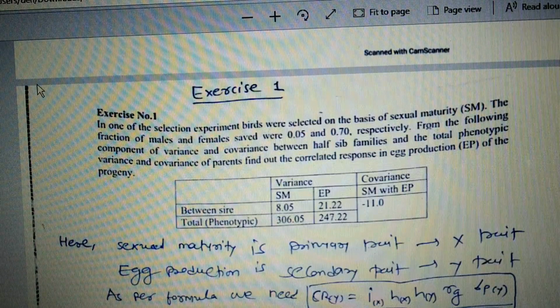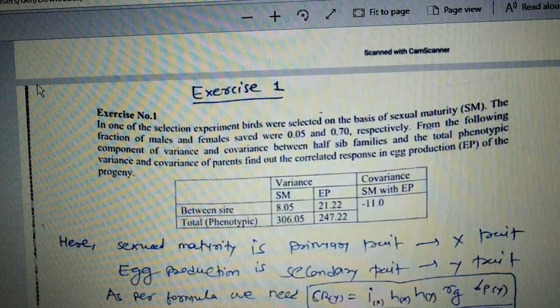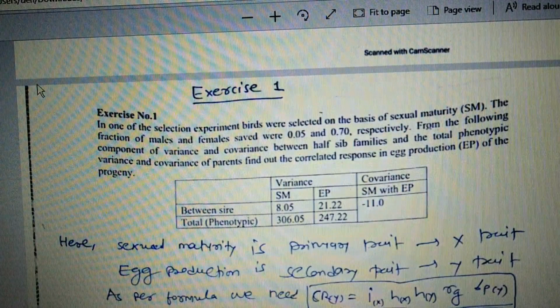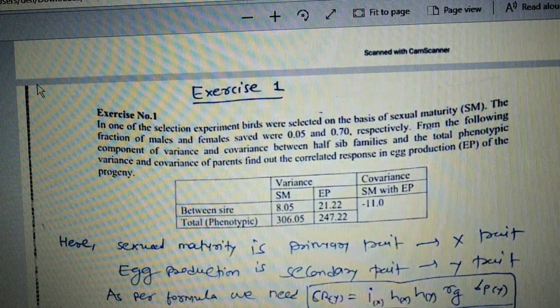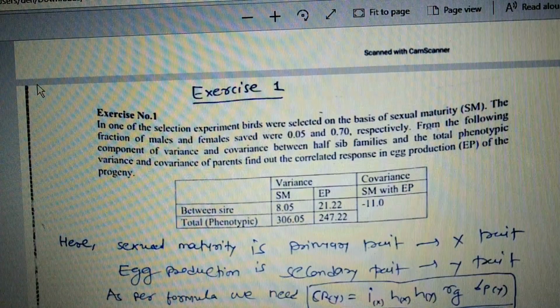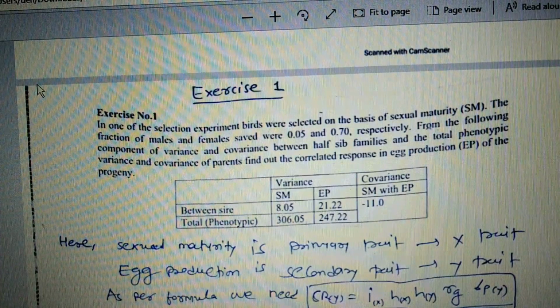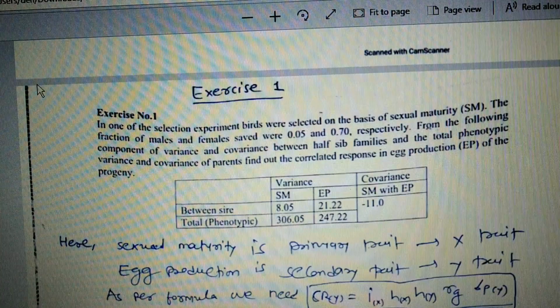So here all the variance components and covariance components are available between Hapsib families. All the data are from the Hapsib families, along with the total phenotypic variance and covariance of the parent. Find out the correlated response in egg production of the progeny.